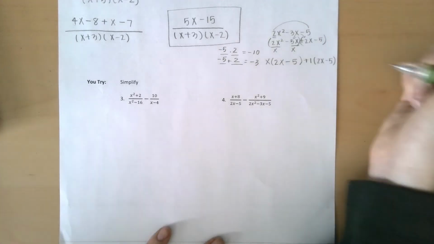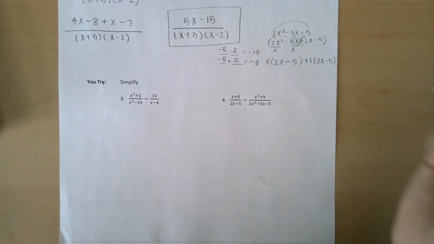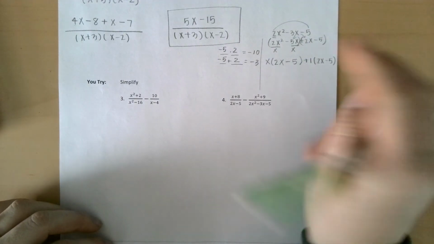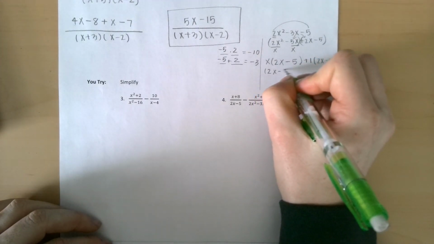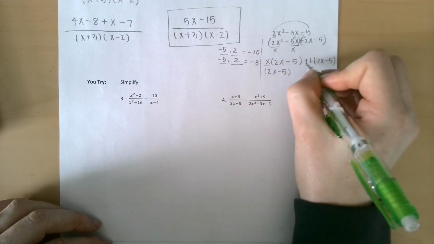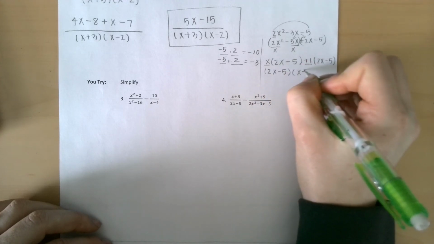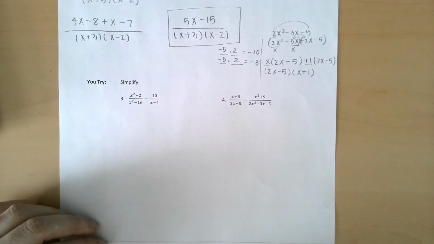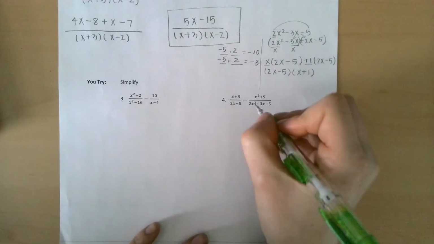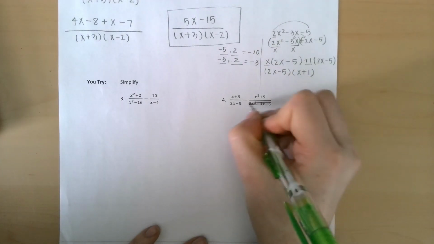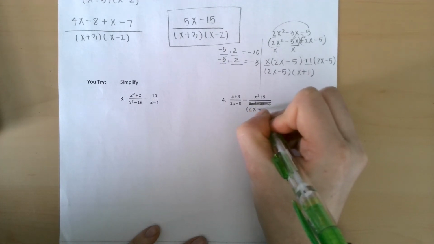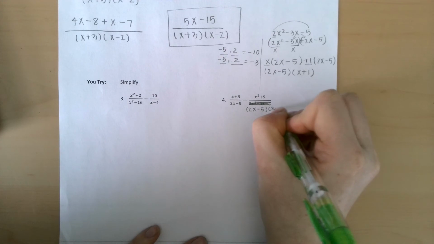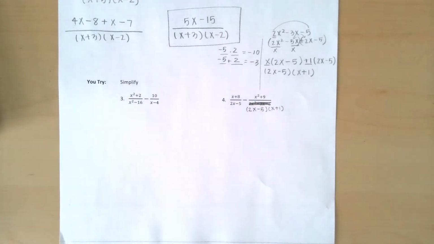You're factoring out a positive 1, which doesn't change anything. My common factor there is 2x minus 5. The next factor is x plus 1. So this denominator here is factoring to 2x minus 5 and x plus 1.